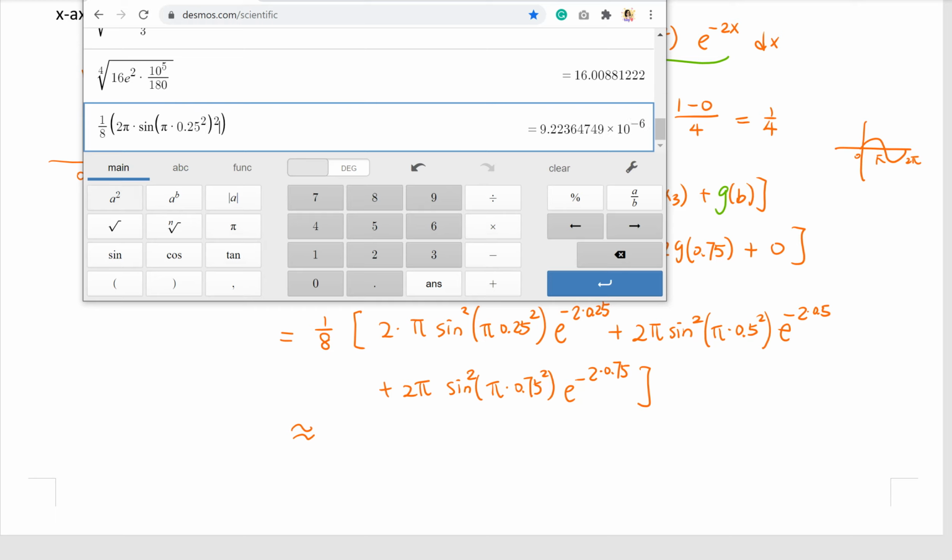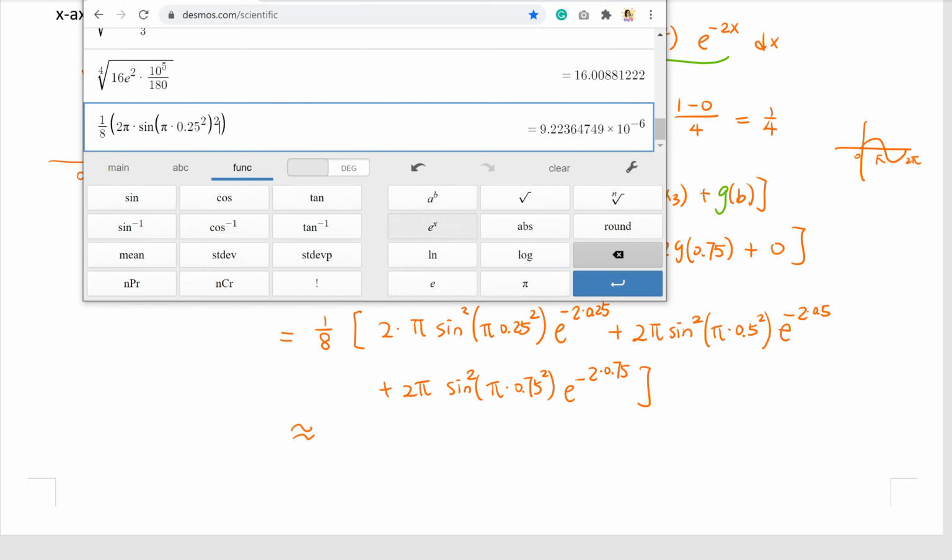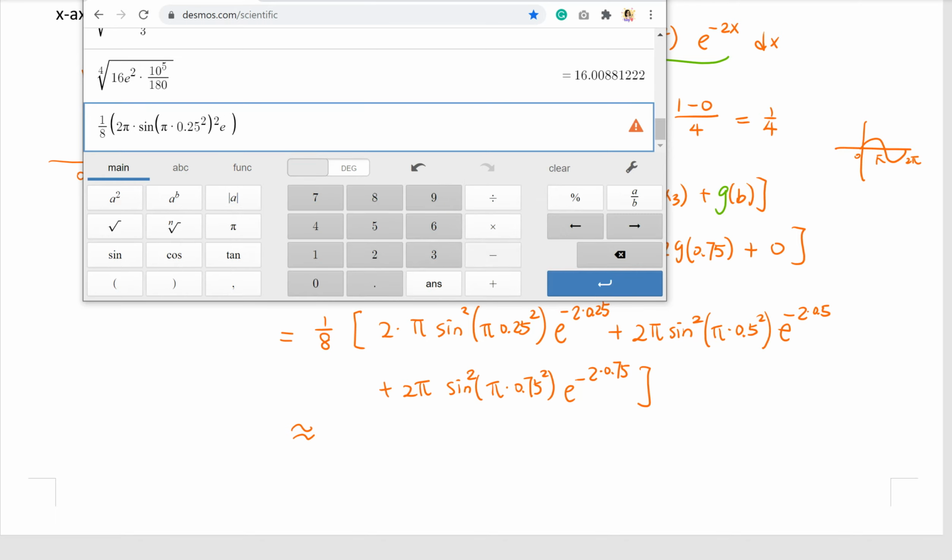Okay, and then we have e to the negative 2. By the way, in your calculator, the negative and the minus sign are different. E times, maybe I need parentheses.